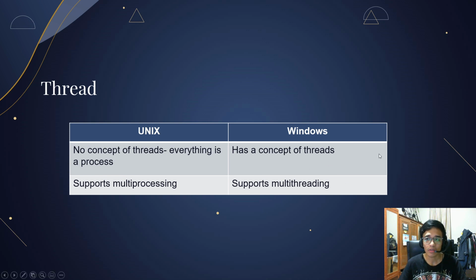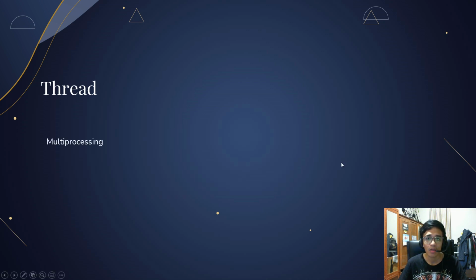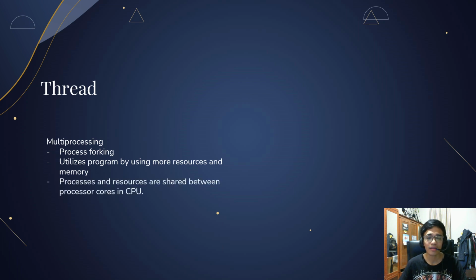So what is multiprocessing and multithreading? Multiprocessing is also called process forking, and it utilizes the program by using more resources and memory. So that means that processes and resources are shared between all the processor cores in a single CPU.